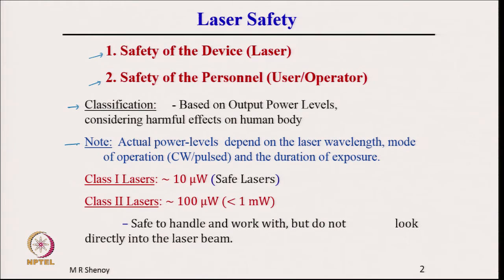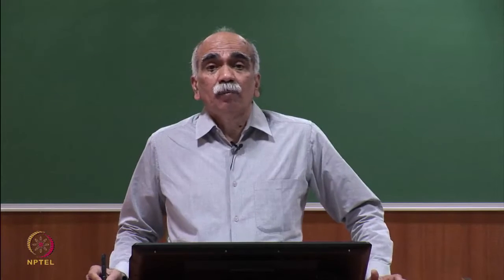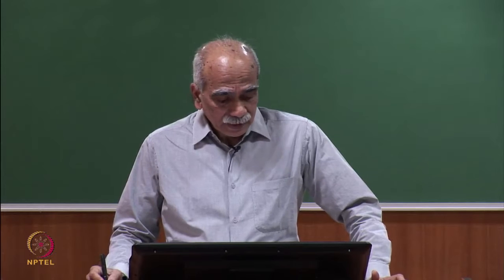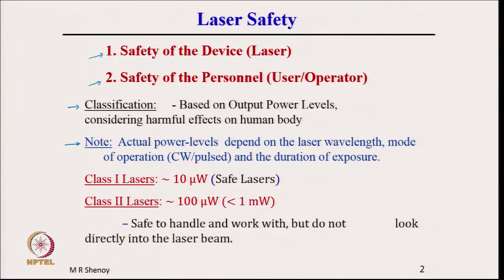What I have given in the following is the classification as per ANSI, that is American National Standards Institute, and the classification includes class 1, class 2, class 3, class 4 lasers and the power levels corresponding to this classification.